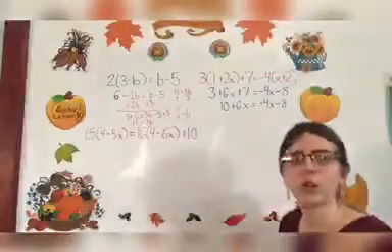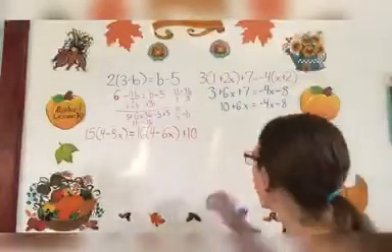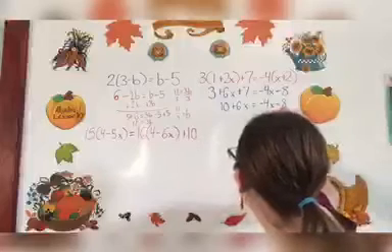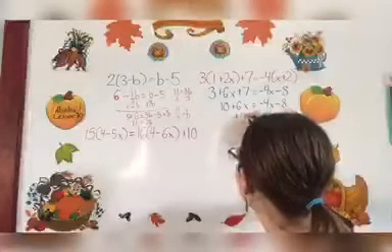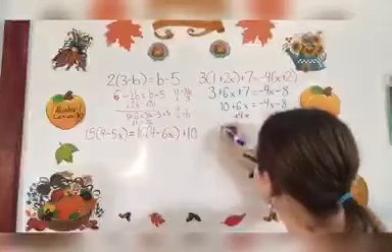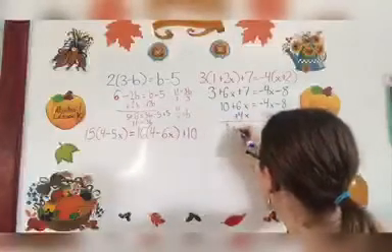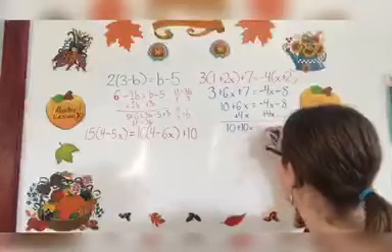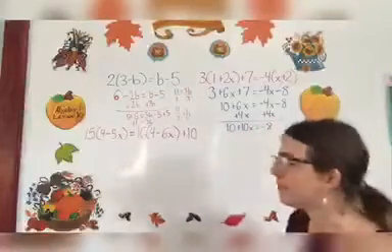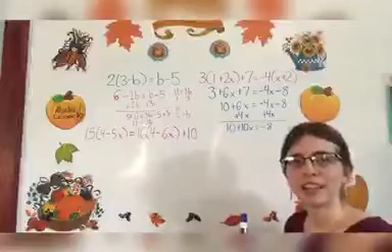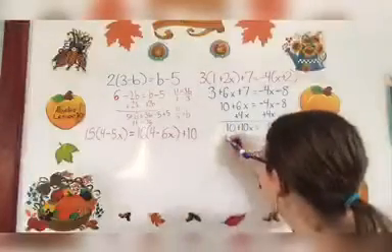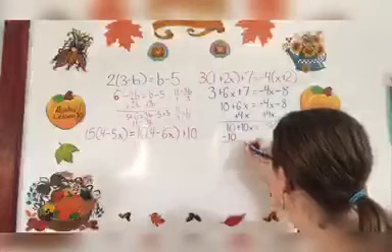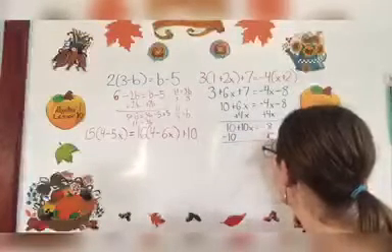I want to combine my variables, so I'm going to add the 4x to both sides. I get 10 plus 10x equals negative 8. Okay, I still want to get x by itself, so I have to get rid of my constant term, which is the 10. So I'm going to subtract that from both sides.